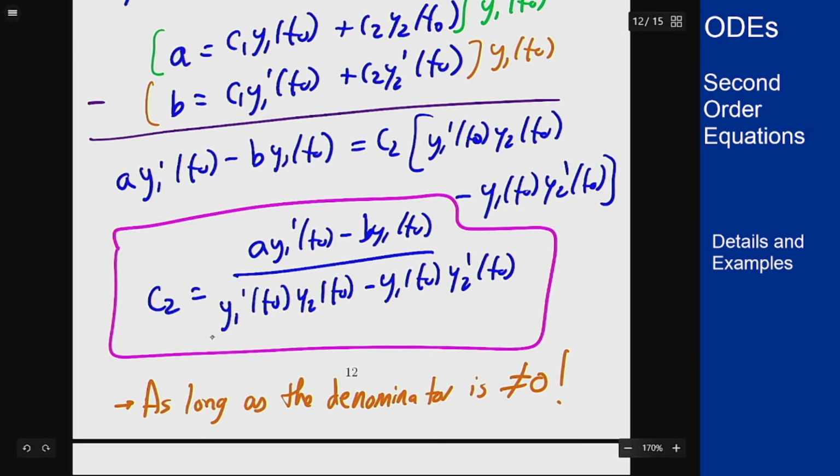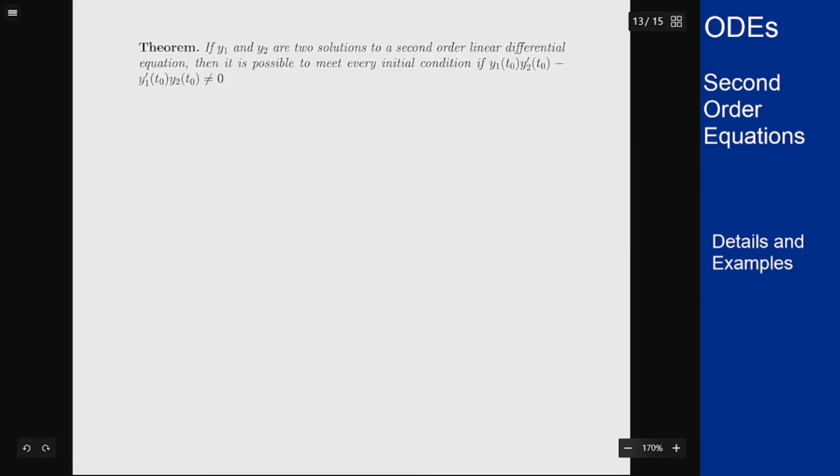It's so important that that's what we use to actually determine what's going on with these equations. So if y1 and y2 are two solutions to a second order linear equation, then I can use that to meet any initial condition that I want, provided this difference here is not 0. This was the denominator. It's negative, but it works the same way, so it can't be 0.